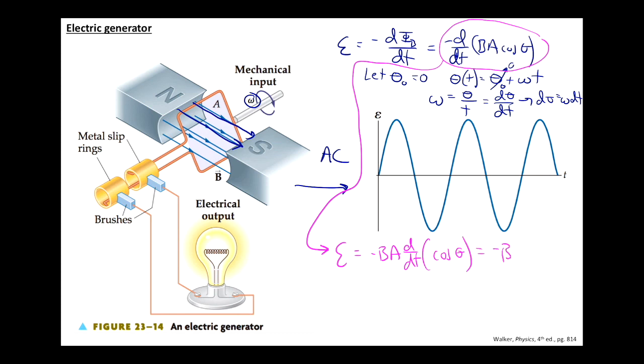So we can rewrite that as BA d dt cosine omega t, substituting for theta. And then we'll take the derivative. That'll get rid of our negative sign. So now I have BA omega sine of omega t.